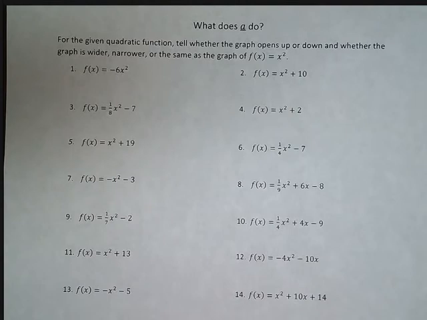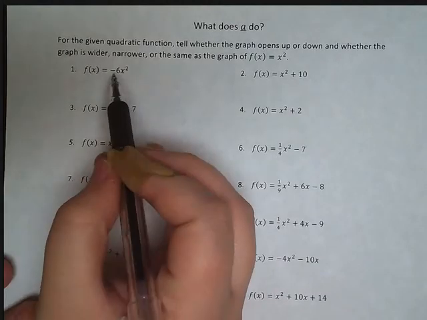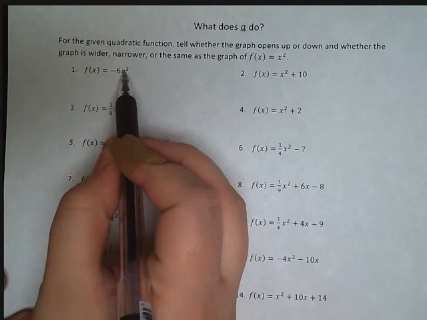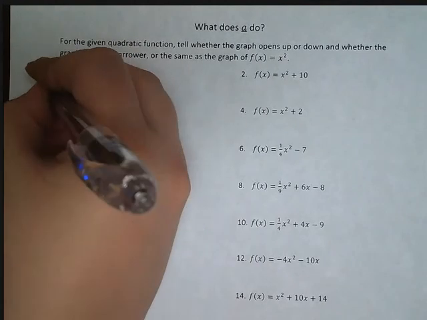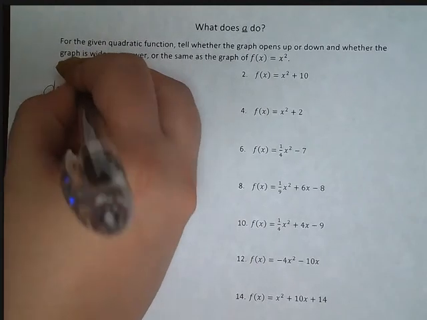Okay, so you can do this a couple of different ways. I think it's easier to be in the mindset where you're going to do up and down first for all of the problems, and then you can say wide, narrow, or the same for them all. So for this one, we're going to go with up and down first. Since A is a negative, we're going to say that it's going to go down.